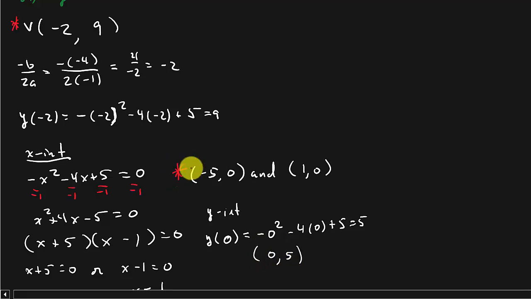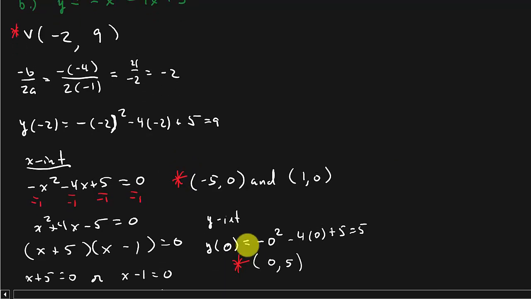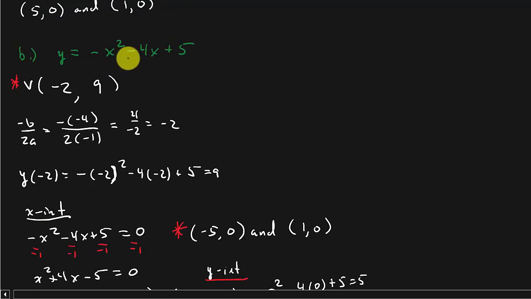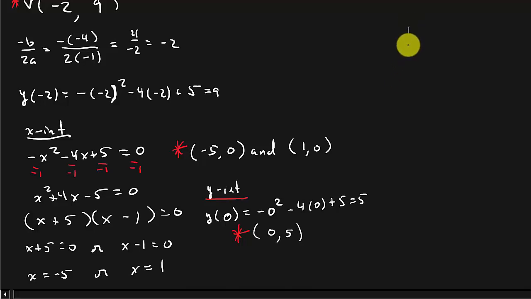Let's put stars by these points because I'm going to be using them. Remember, all you do to find the y-intercept is plug 0 in for x and evaluate the function at 0. All right, so now I think we're ready to graph this.